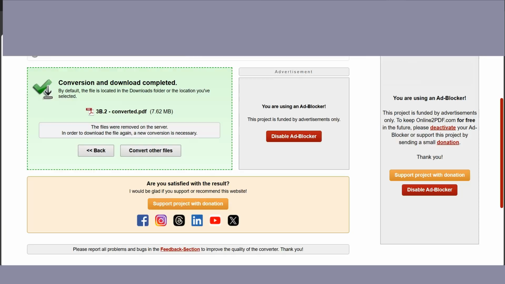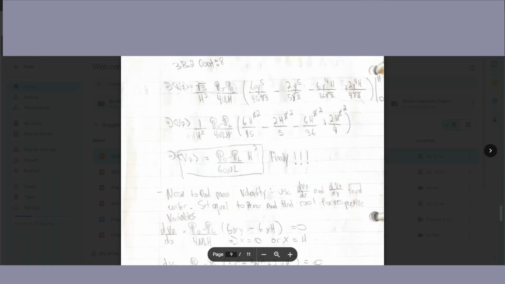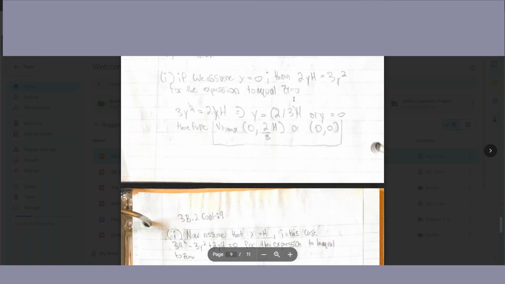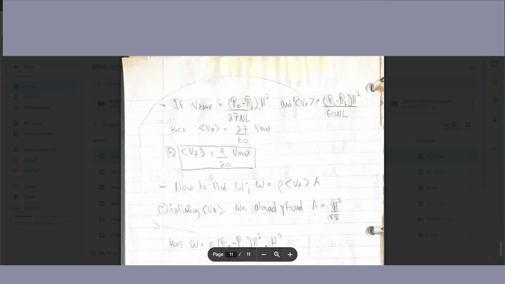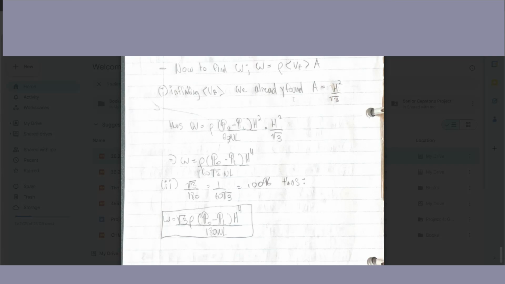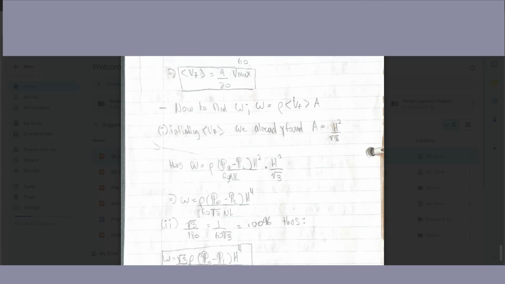And now we're just doing the mass flow rate, which you multiply by the area, and multiply by rho, basically. So area equals h squared divided by root 3, and you can look at the formula. You basically just do that.